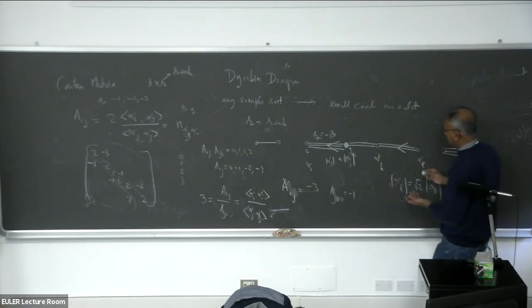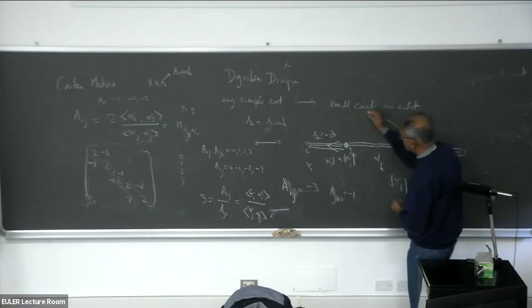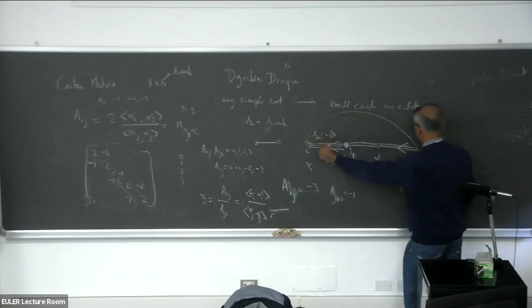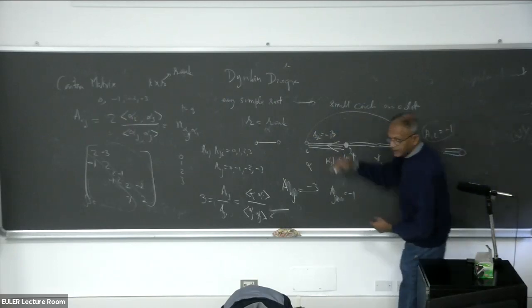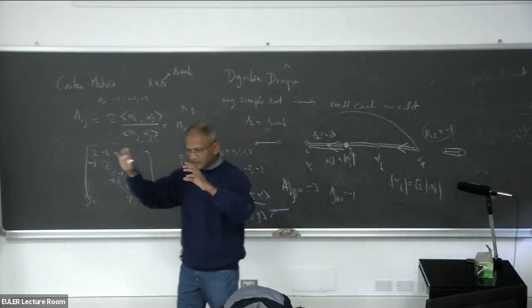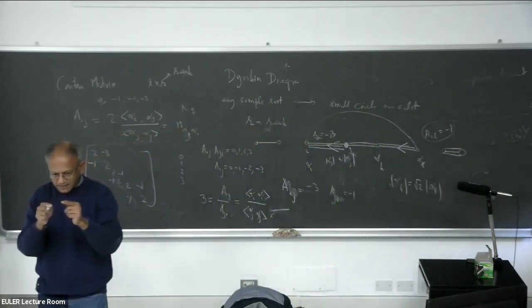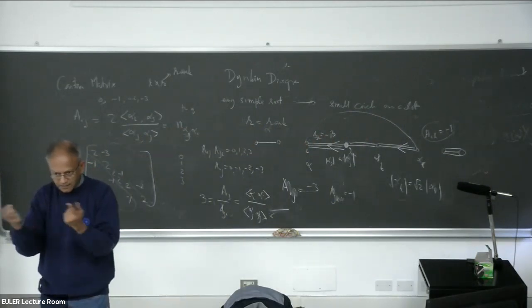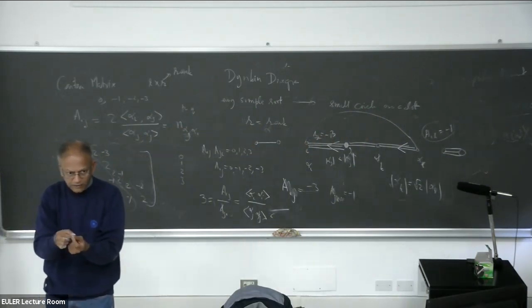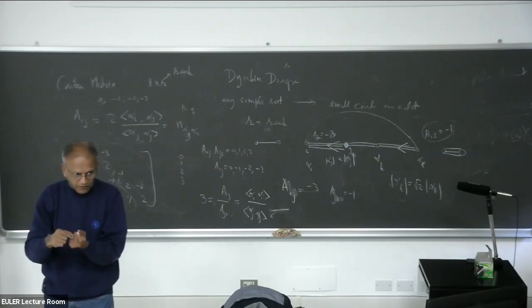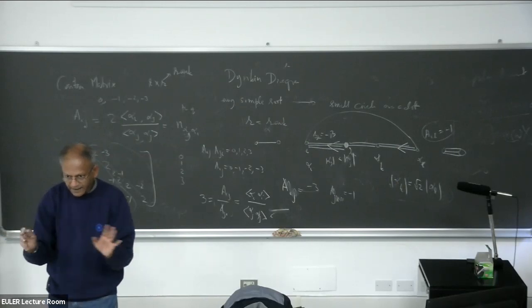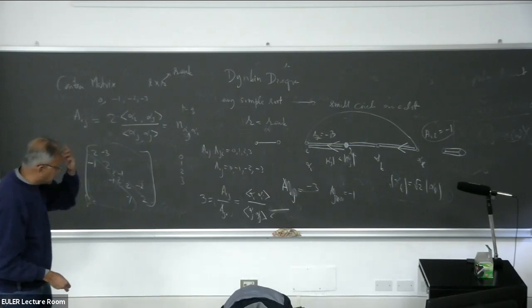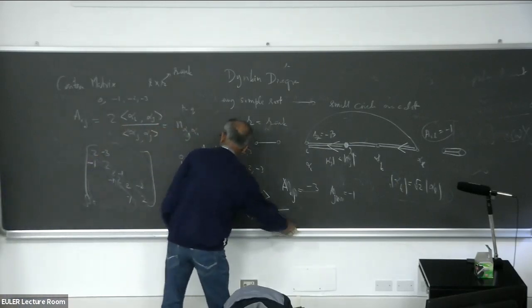Or, for example, this may be connected to that, maybe with a single line, so A_il may be equal to -1, and in that case I have a line like that. So you have these r dots sitting there, and you look at each pair and decide what your numbers are, how many lines you have to put, and if the number of lines is more than 1, you also have to indicate the arrow. That gives you the complete information. So that's a Dynkin diagram.